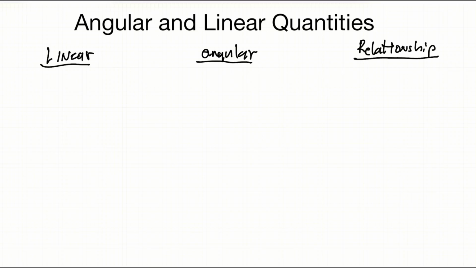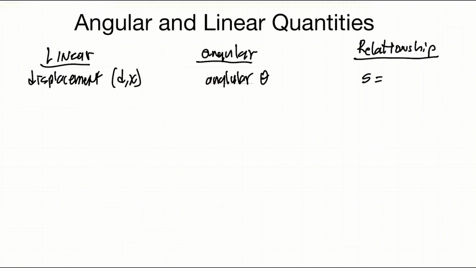One's in a straight line, the linear, so that's going to be our displacement, like our distance or our position, whatever variable we want to use there. And then in angular, we talk about the angle theta. And so our relationship here is the displacement along the edge of the tire or wheel or circle is just r theta. That's how far out we are, and we saw that just a minute ago on the previous slide.